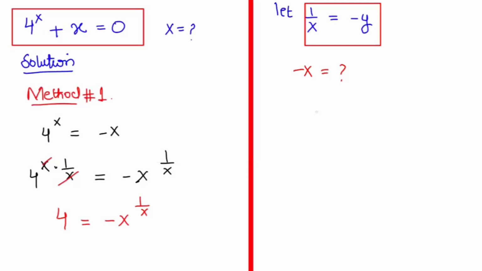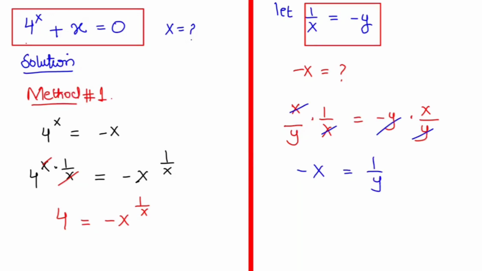So I write 1 over x, multiply with x and divide with y, is equal to negative y. Here this and this get cancelled, and this and this get cancelled. So the expression we get is negative x is equal to 1 over y.